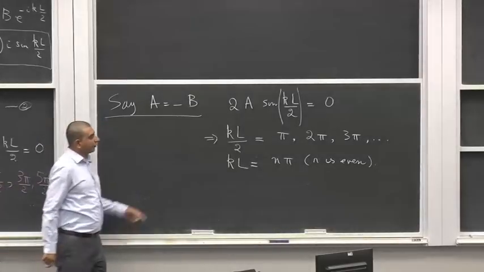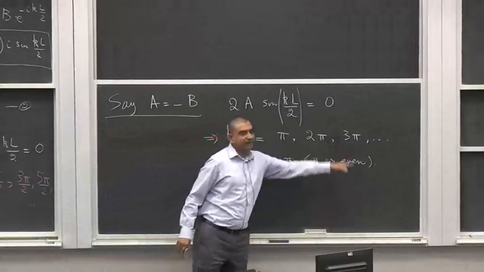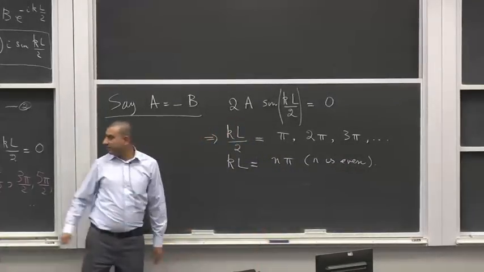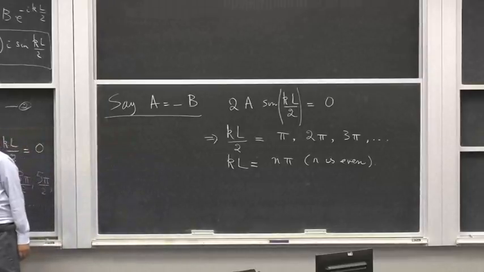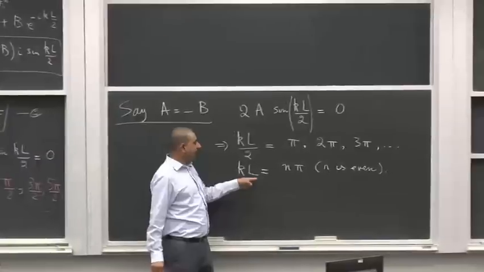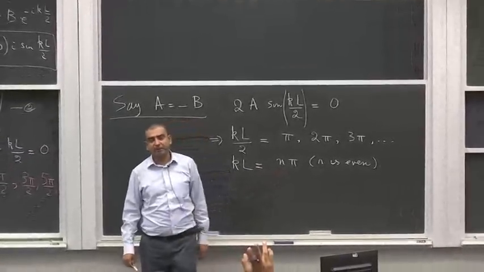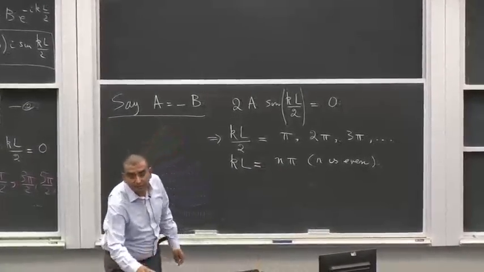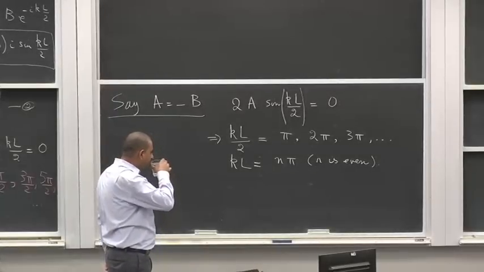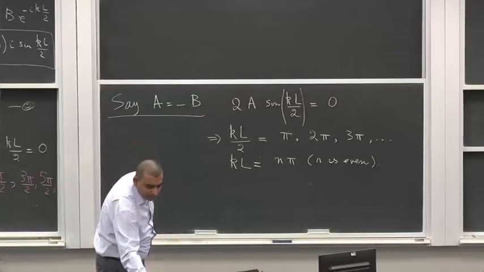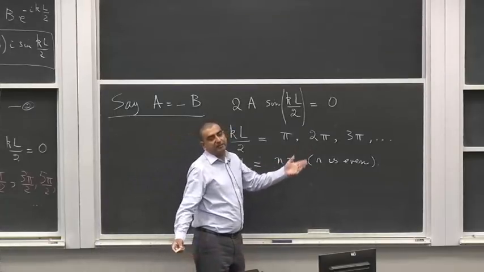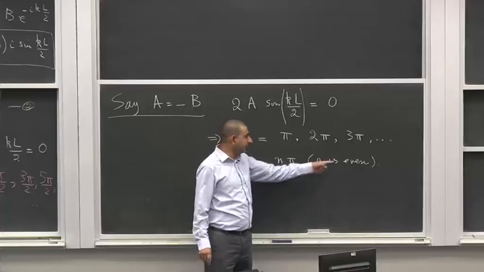Alright? So KL is 2 pi, 4 pi, 6 pi. If A equals B, my KL equals n pi, where n is odd. And if A equals minus B, my KL equals n pi, where n is even. Yes? Shouldn't this be 2 and 5? Well, you could write 2n pi if n is any number. But I'm writing n is even here.